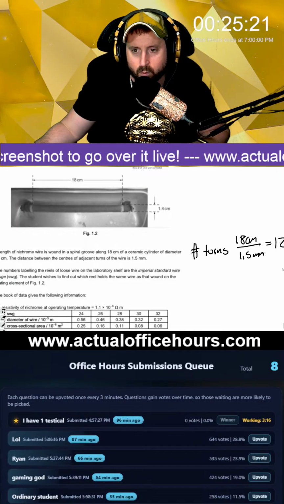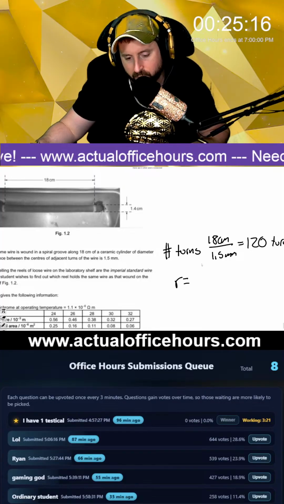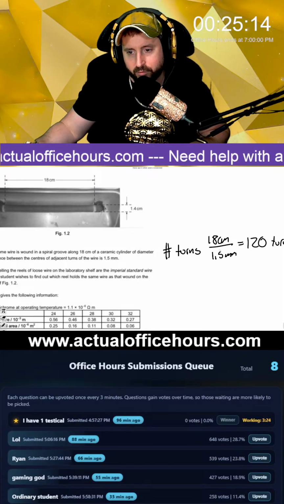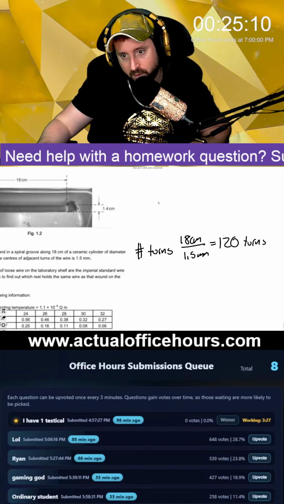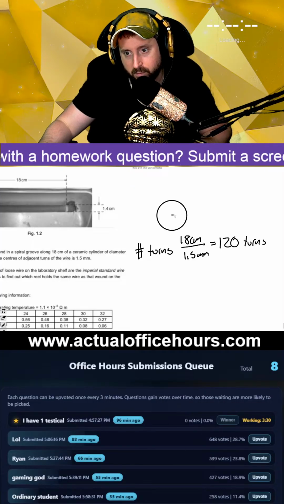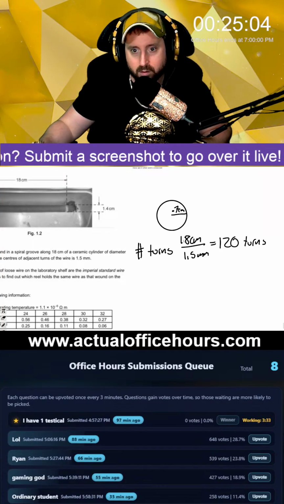And then we know the diameter is 1.4. So R is equal to... Oh, okay. So that's the number of turns. And then each turn has a circumference. Here's a turn. The radius is going to be 0.7 centimeters.